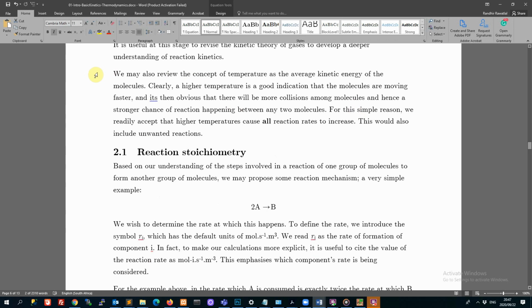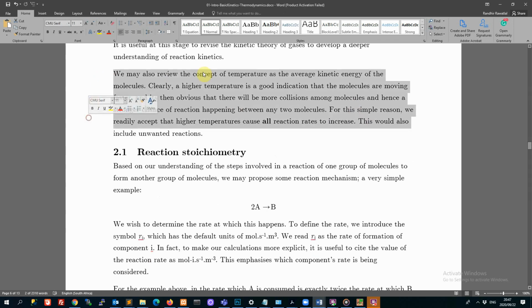And here, just revising this concept of temperature once more. We mentioned how important temperature is in general, but we also want to say here that the concept of temperature, we know it's defined as the average kinetic energy of the molecules.